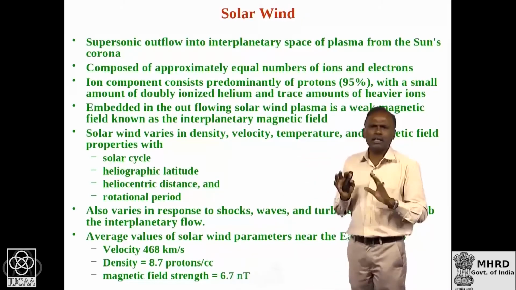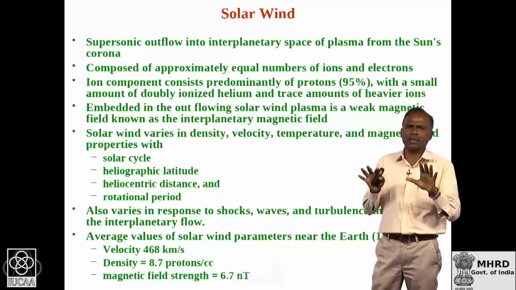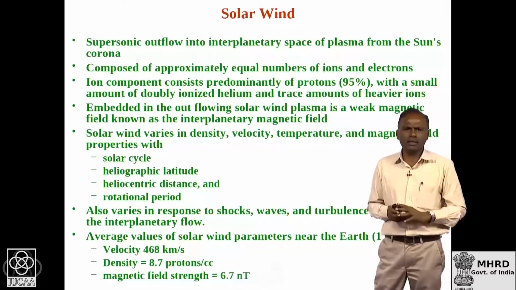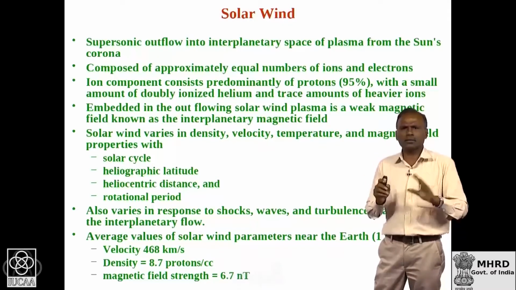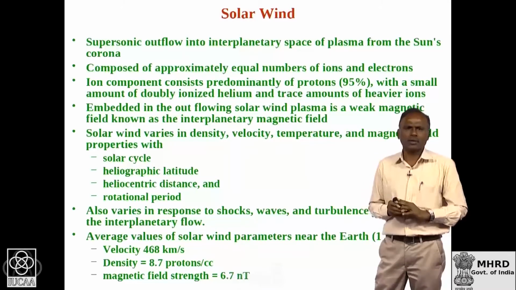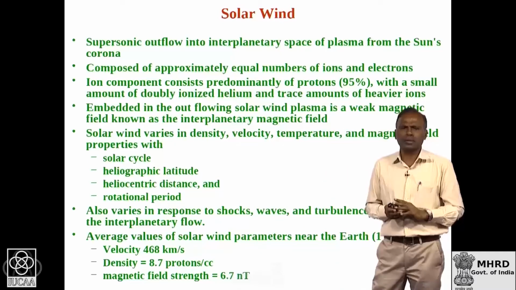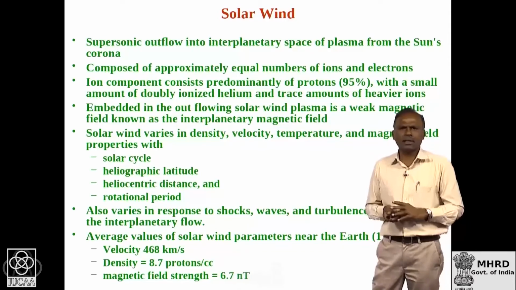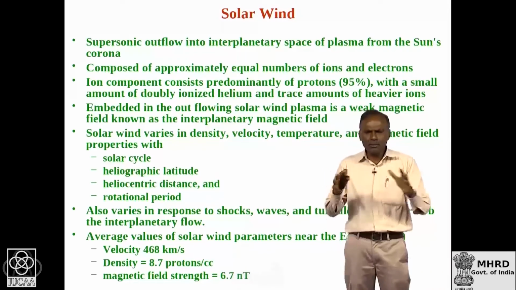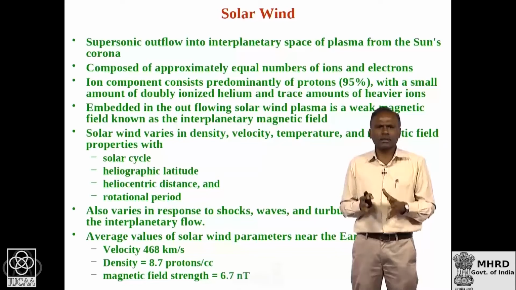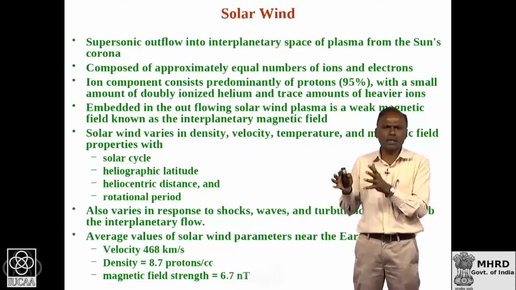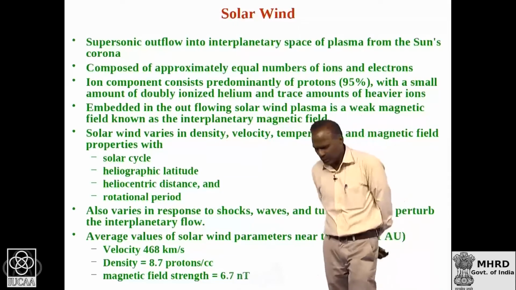If you look at the average properties of the solar wind at about 1 AU near the earth orbit, the velocity is something like 470 kilometers per second, the density is something like 9 protons per cc, and the magnetic field strength is something like 7 nanotesla. This is the typical density, velocity and magnetic field in near earth space.